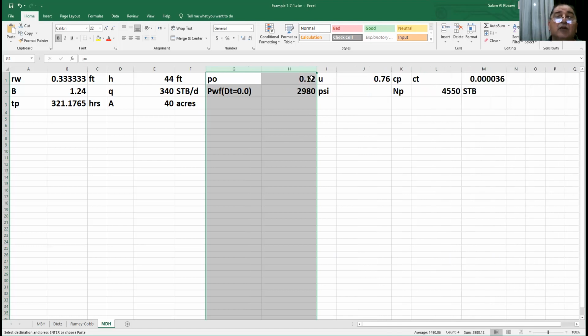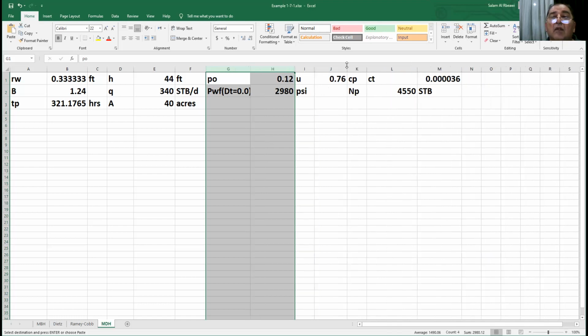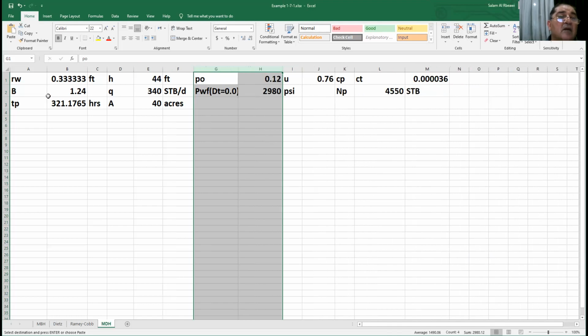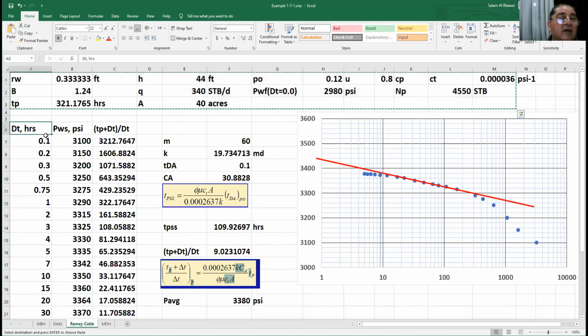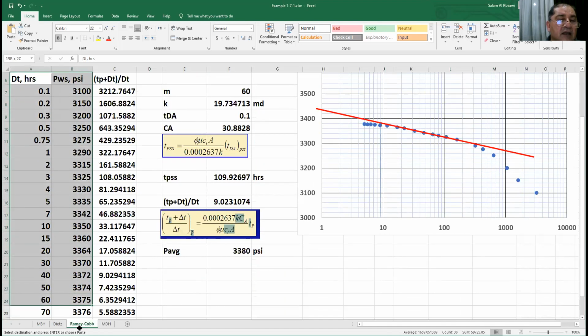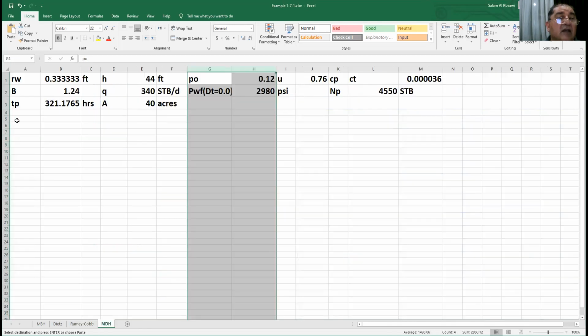So here's what we have. Now I'm going to bring the pressure data. This is our pressure data, guys.